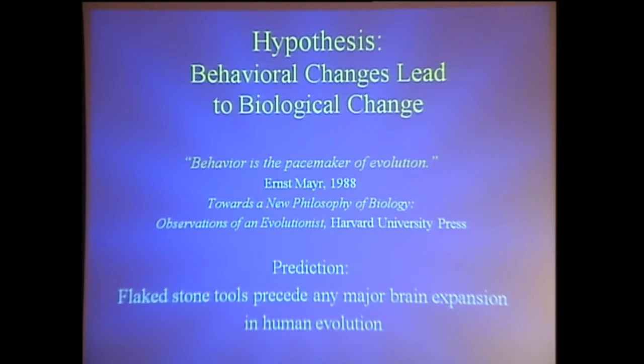There's a prevalent thought in evolutionary theory that often behavioral changes, perhaps stimulated by climatic or environmental changes, slowly but surely lead to biological changes. And that's the working hypothesis that we're using for the development of technology and hominid evolution.